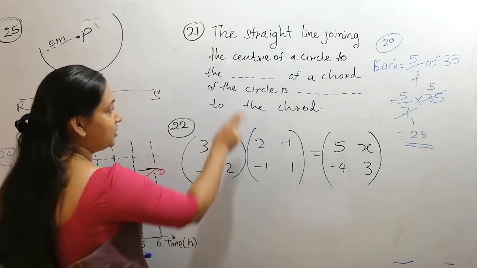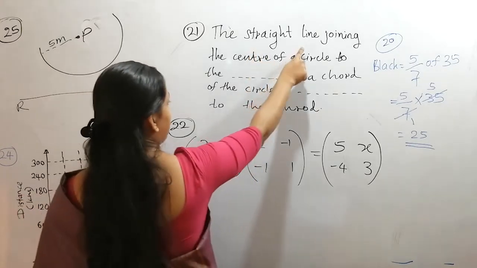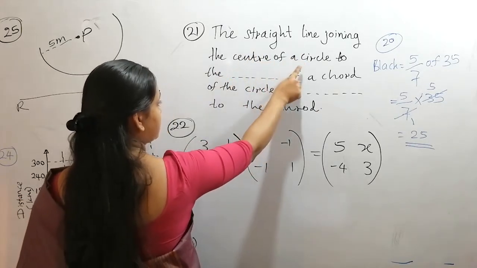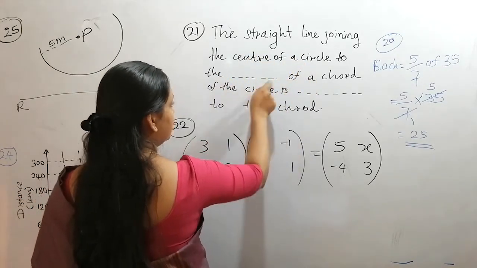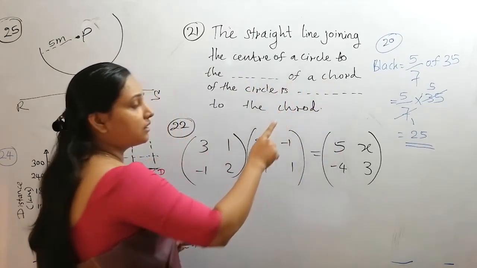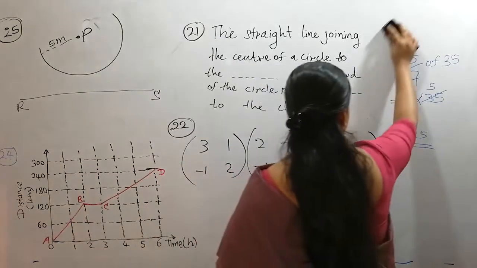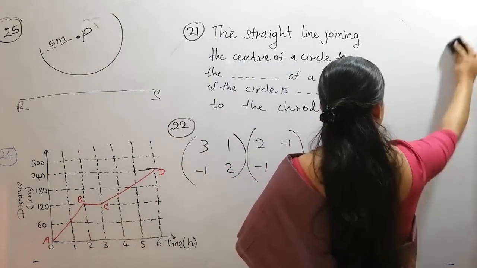There are 2 blanks to fill. There is a straight line joining the center of the circle to the something of a chord. And then the center and the chord of a circle are connected in this segment.